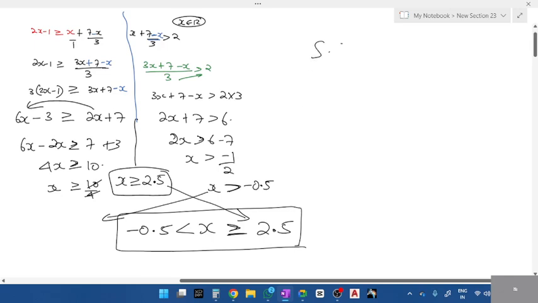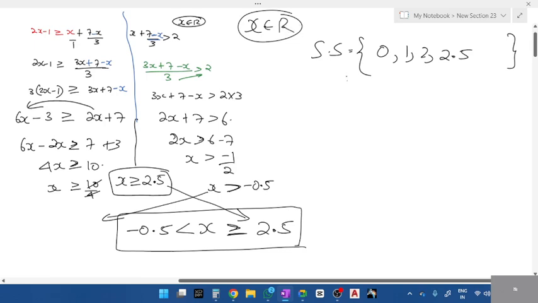Now, what is the solution set, students? Solution set, greater than minus 0.5. If it is greater than minus 0.5, I have to start from 0, 1, 2, 2.5. Equal to is given, right? How will you write solution set? This is normal way of writing. But x belongs to what? So for real number, how do you write solution set?